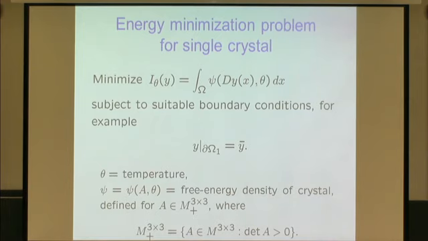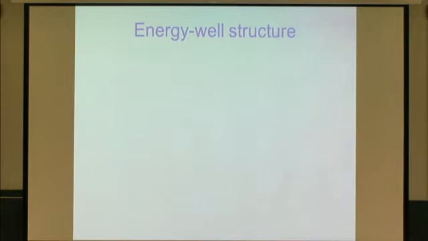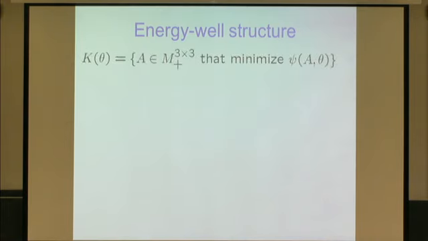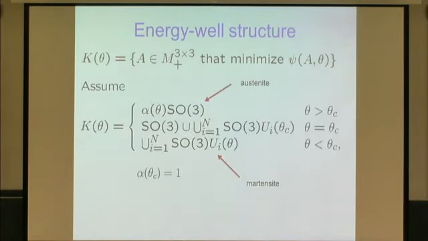And in order to encode the phase transformation into this continuum theory, it's convenient to look at the set of matrices which minimize the integrand at a particular temperature theta. Let's call that K of theta.